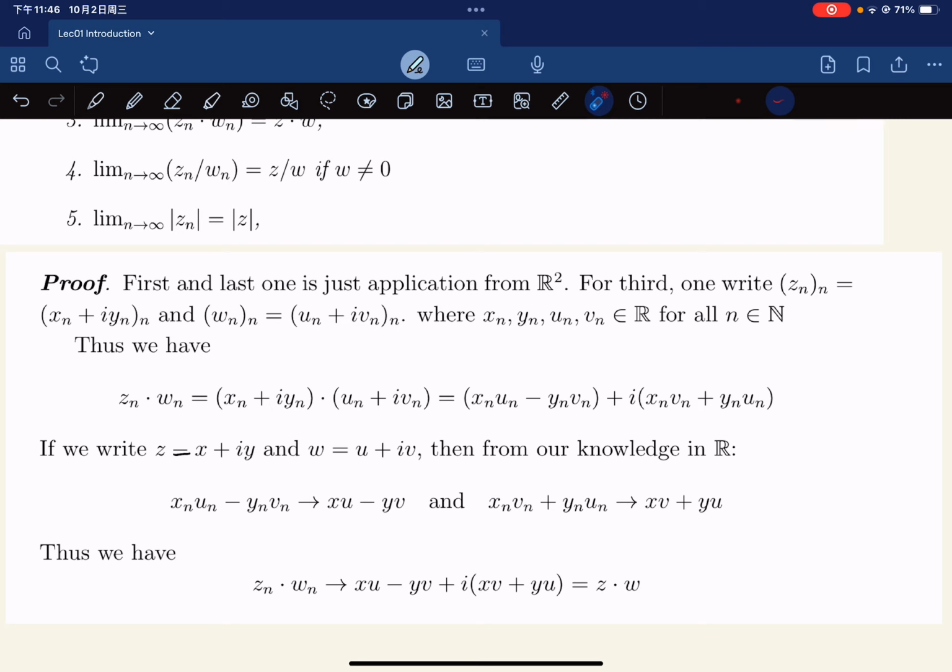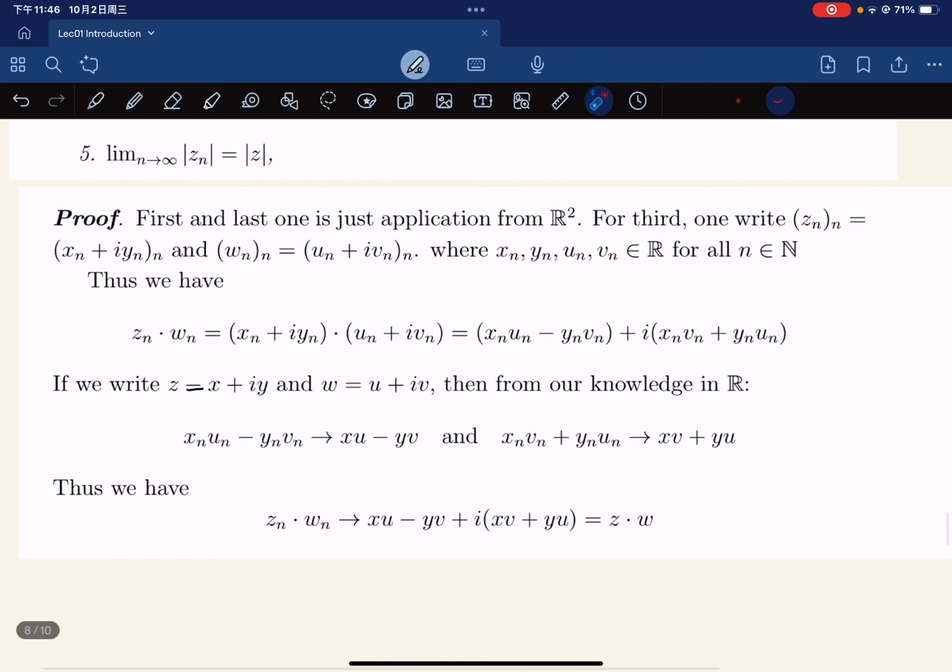Then we know that first xn goes to x, yn goes to y, right? And the limit of xn un minus yn vn, because they're all sequences, this is all in R, right? So this holds in R and this also holds in R. Thus this thing converges to this, and this thing converges to this, right?